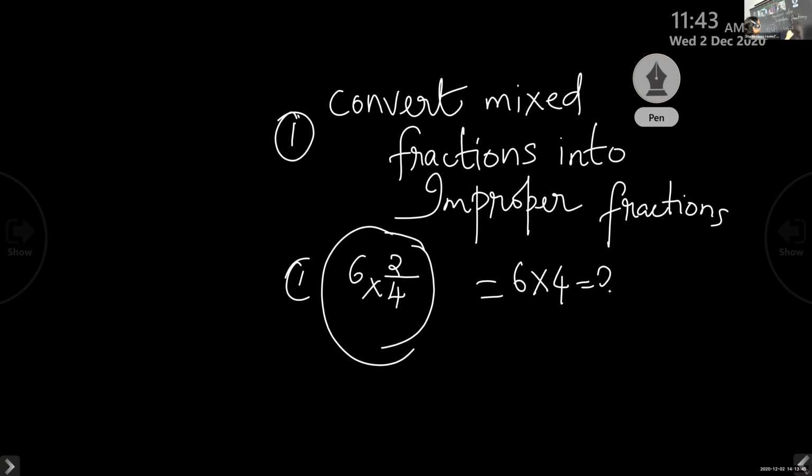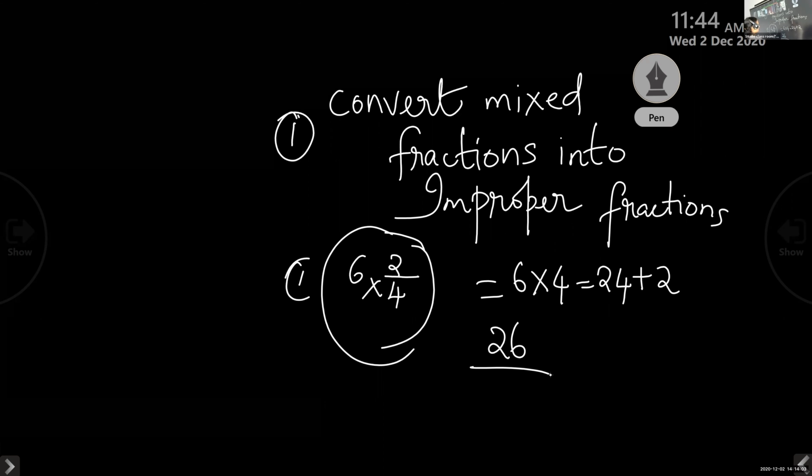That is 24. Then what do we have to do? Add the numerator, that is 2. Then 24 plus 2 is 26. So what will be the denominator? Anandesh has a small doubt. When we write into improper, the denominator stays the same.